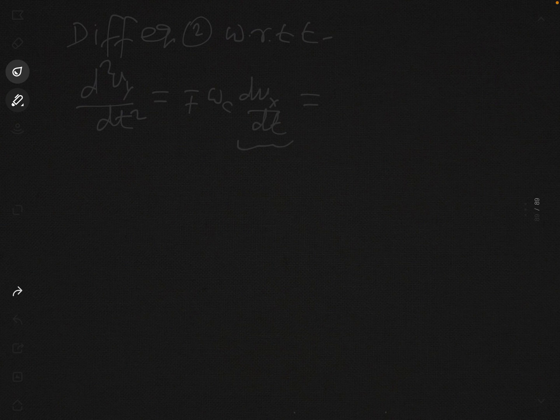So this will be equal to minus plus omega c, and the value of dVx by dt, as we have seen in equation 1, will be q over m into Ex plus minus omega c into Vy.